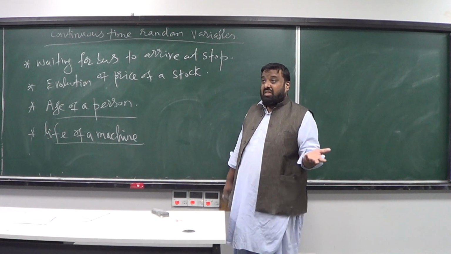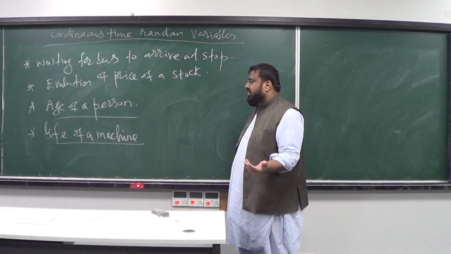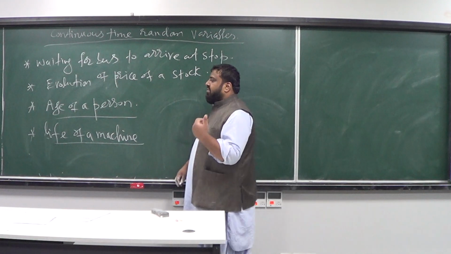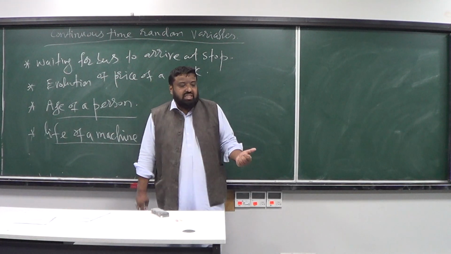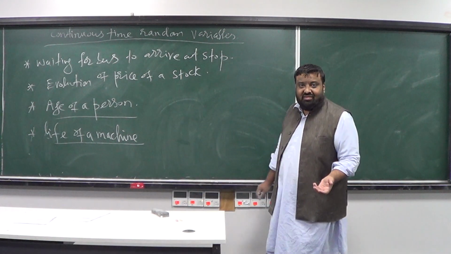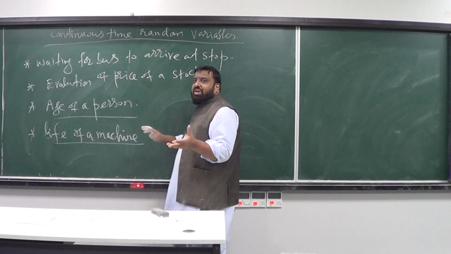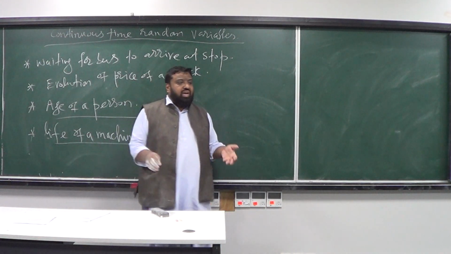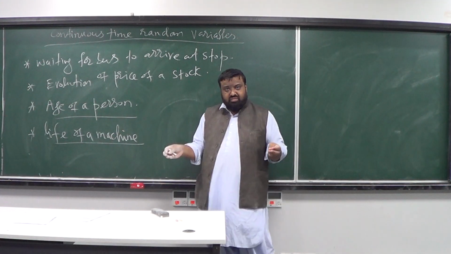It can work for a longer period of time or for a shorter period of time. So the life of a machine, the life of a person is really a random quantity. But these random quantities are continuous actually. Okay, are continuous. So there can be many more examples where the randomness appears in a continuous fashion.